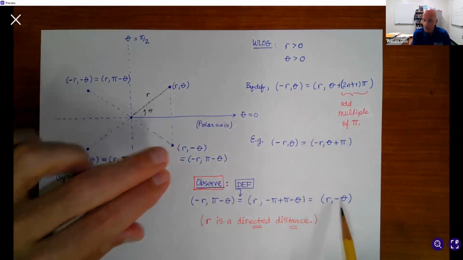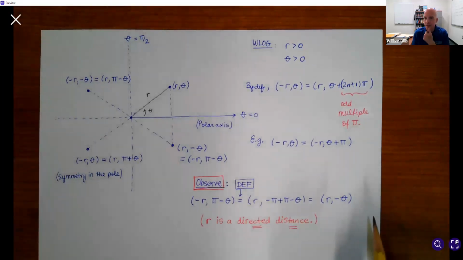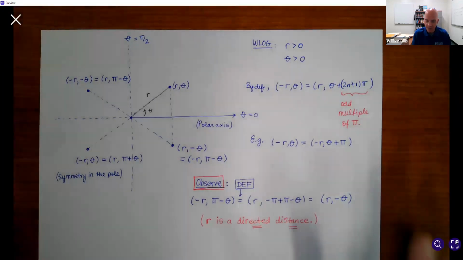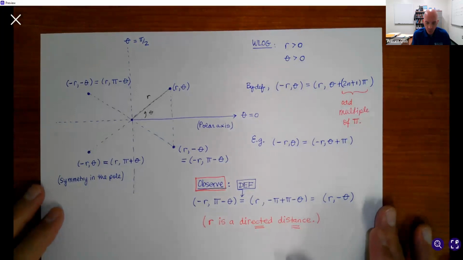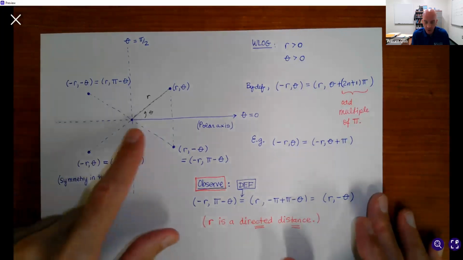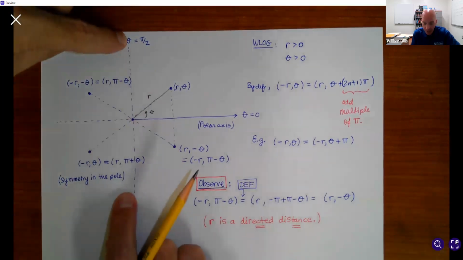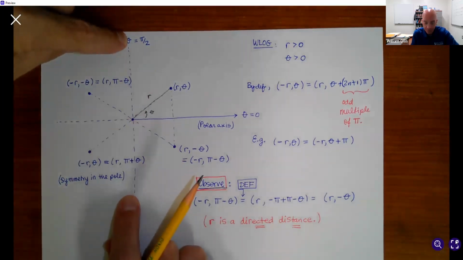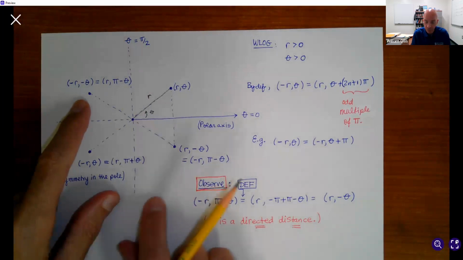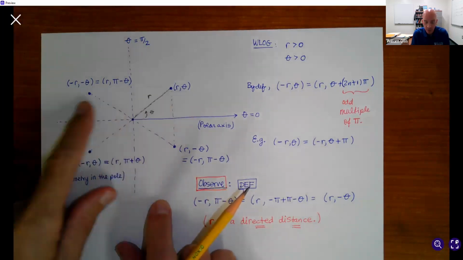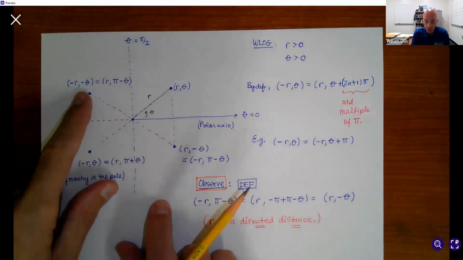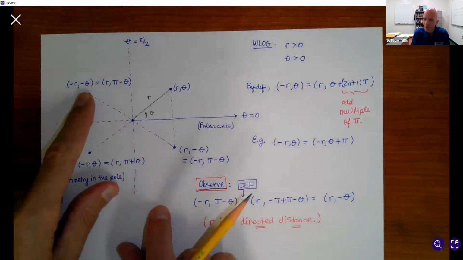There's nothing difficult about it as long as you think of vectors, and that will always make things easy. Now, of course, if we think of a situation of having symmetry in the theta equals pi over 2 line, then we would think of replacing (r, theta) with possibly (negative r, negative theta). Well, what is that?